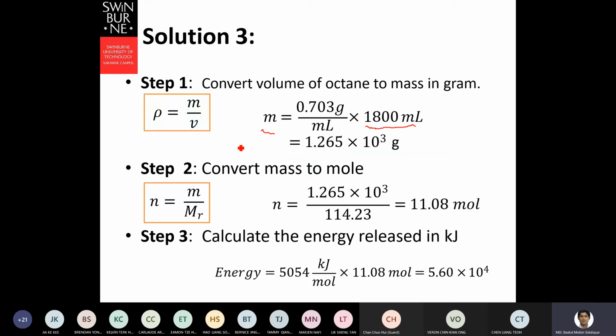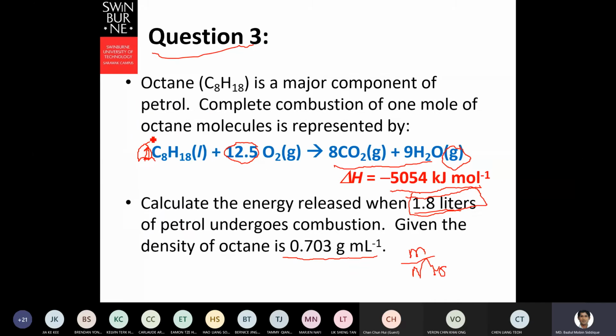It has a mass of 1.26 kg, something like that. So in 1.26 kg, or this many grams, how many moles of octane are there? First, we have to find the molecular mass of octane. How do we find it?